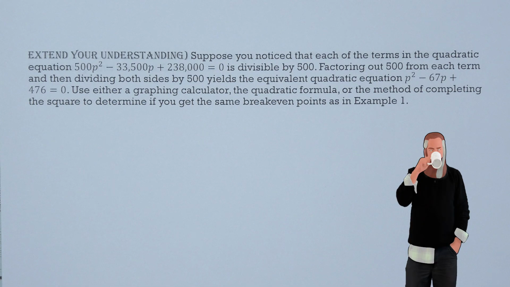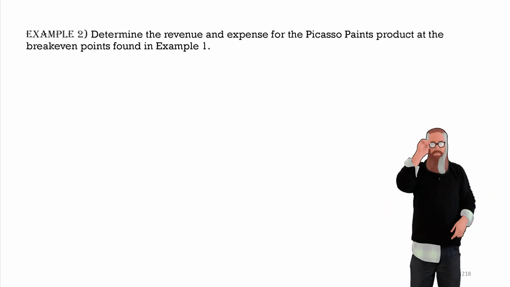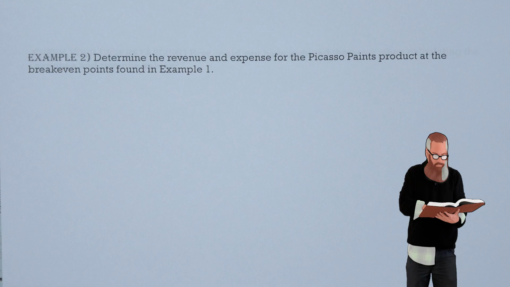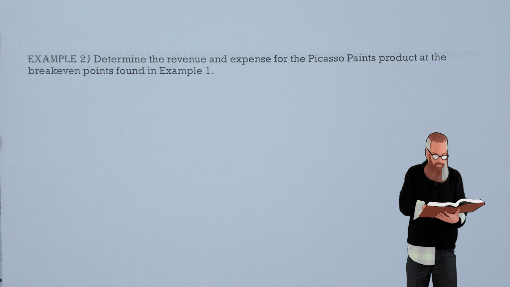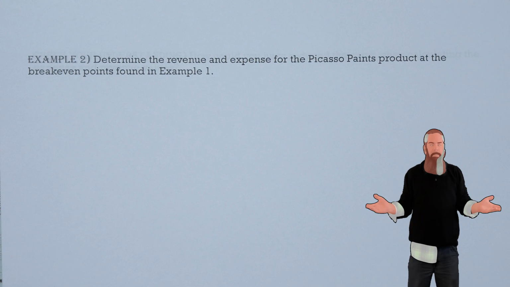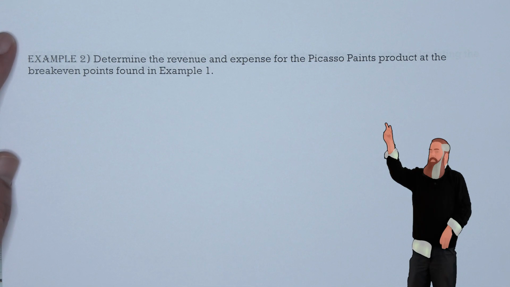Determine the revenue and expense for the Picasso Paint product at the break-even point found in example 1. The y value of the break-even points will be both the revenue and the expense values. These values can be determined by substituting the value of p into the expense and revenue equations.